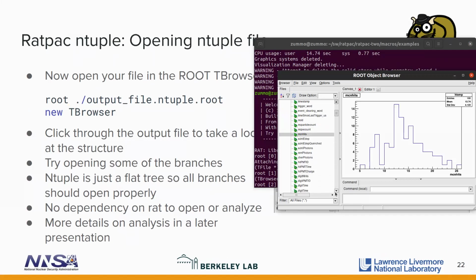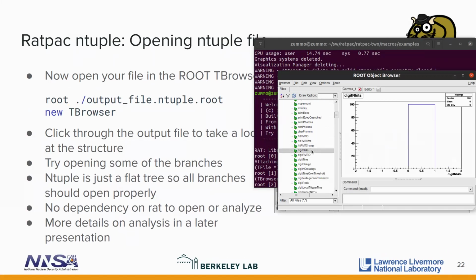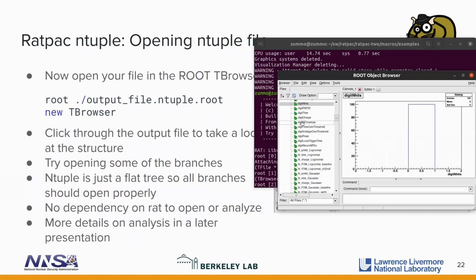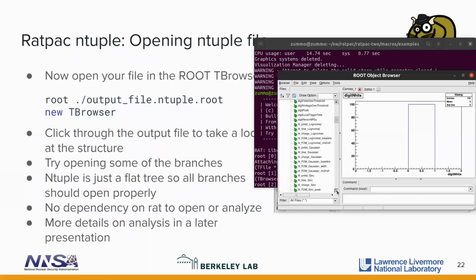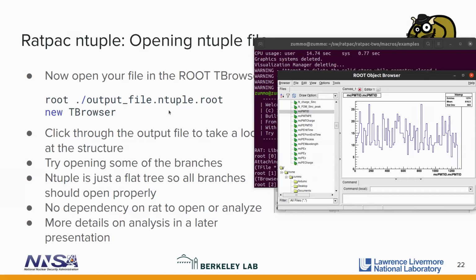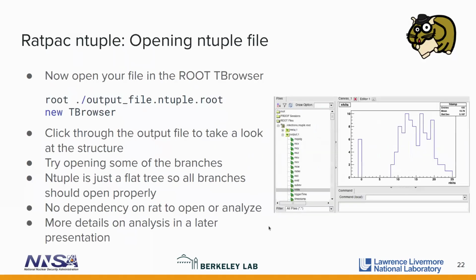You didn't run any waveform processing, so almost none of these will be filled, but the MC should be filled. Yes, you can see PE positions, T hits, things like that. So very quickly open up a file and look at that basic information just using a TBrowser.